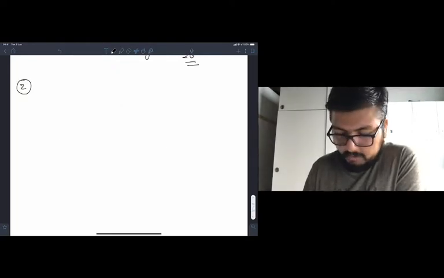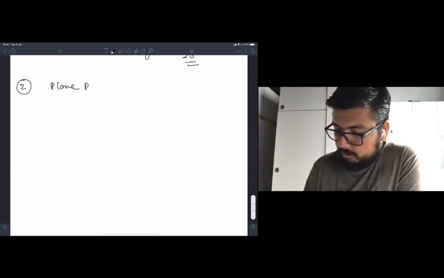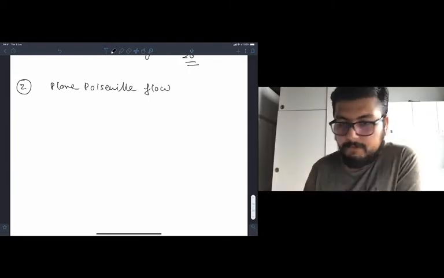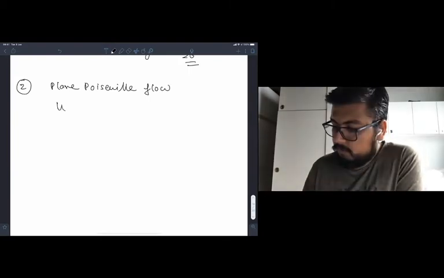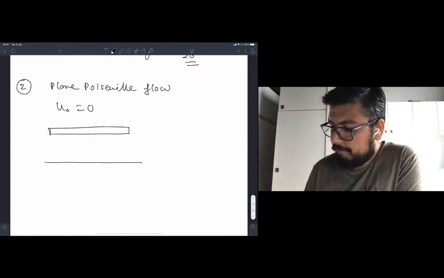There can be another situation, which is the plane Poiseuille flow, where u naught is 0. So this is a situation where the top plate is not moving.